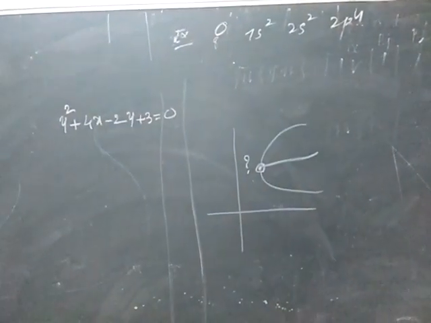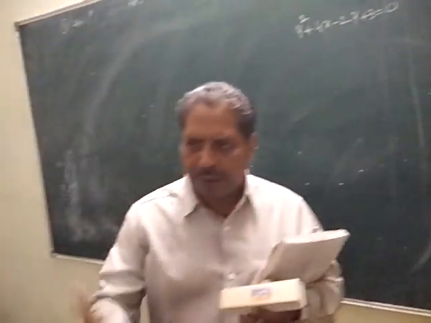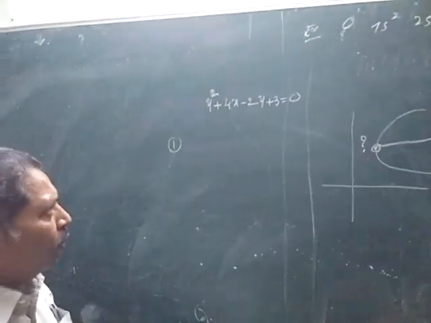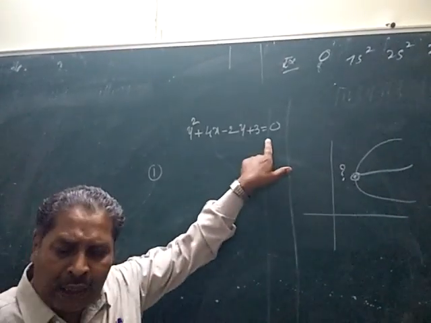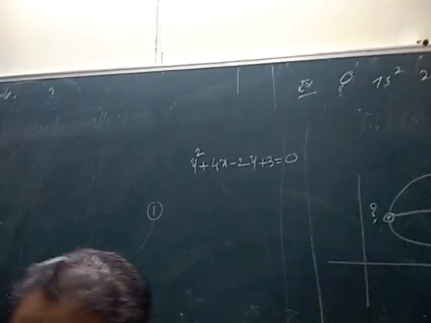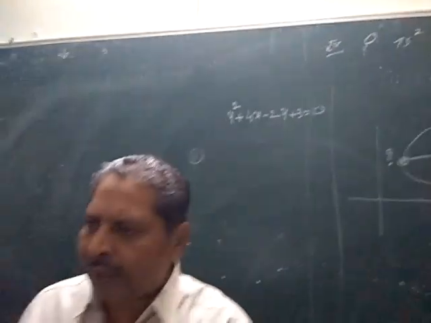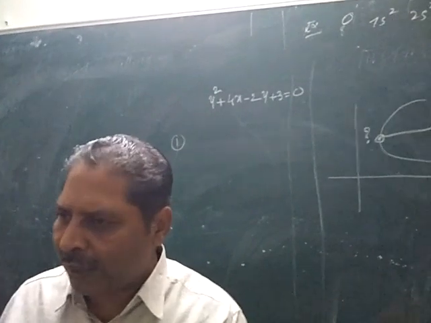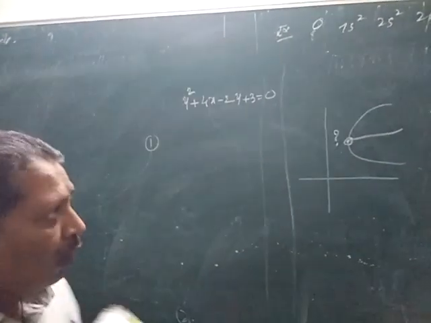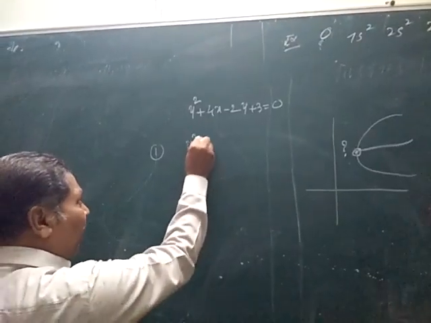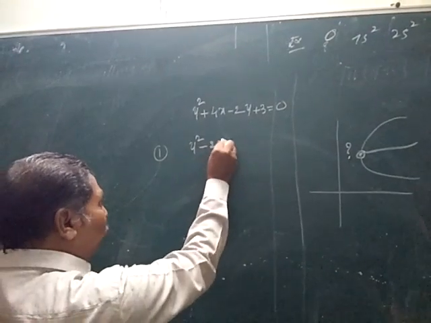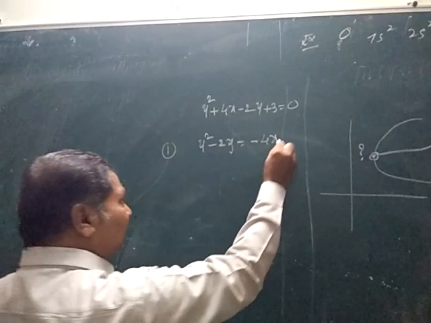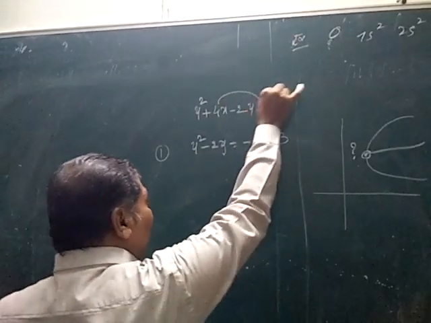There are two methods. Number one, first method. Write this equation in the form of (y minus k) whole square equal 4a into (x minus h). Y square minus 2y equal to minus 4x minus 3.